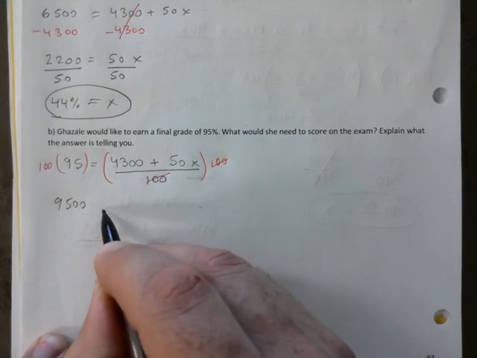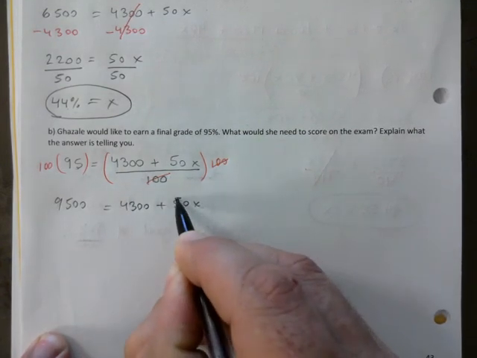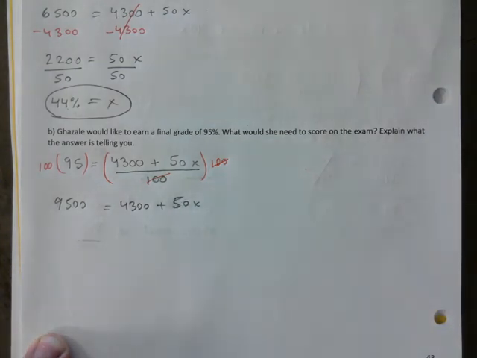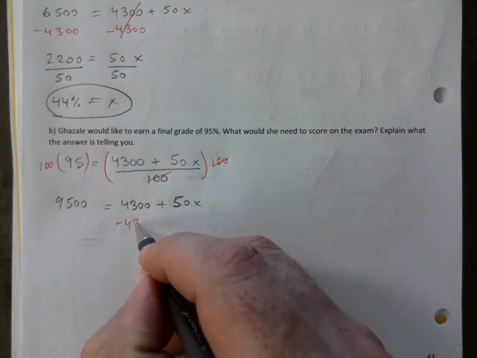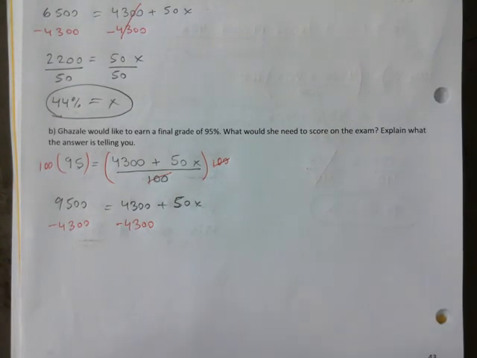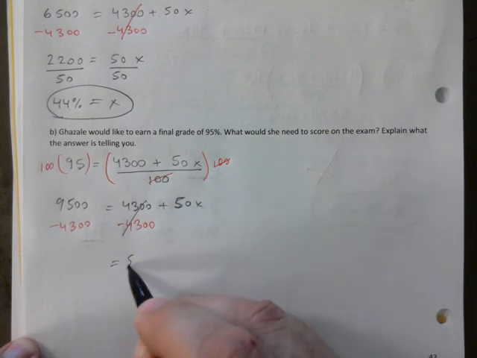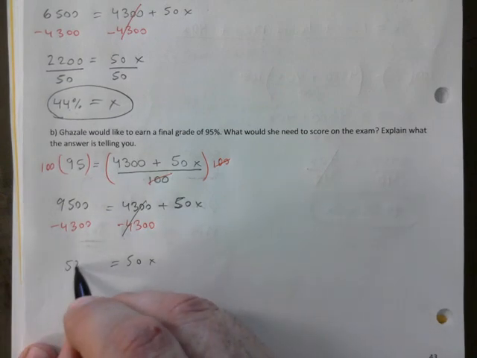So you had tons of practice with this. Right, you have that. Subtract 4300 again. Cancel that out. You're left with 50x. And on the other side, 5200.